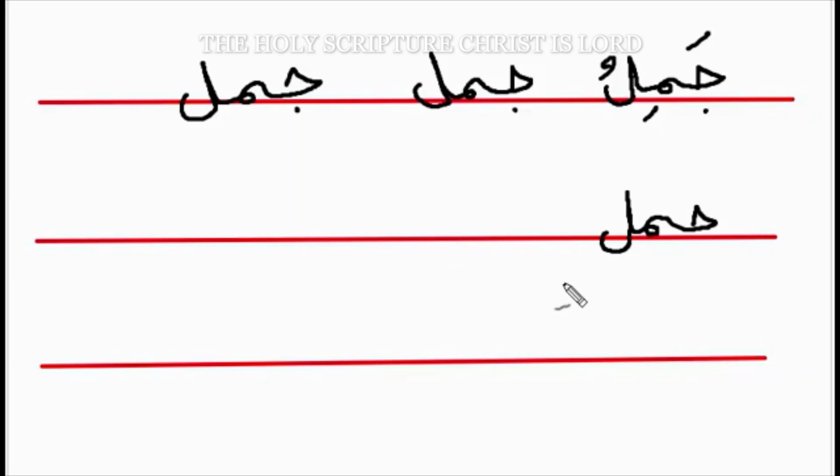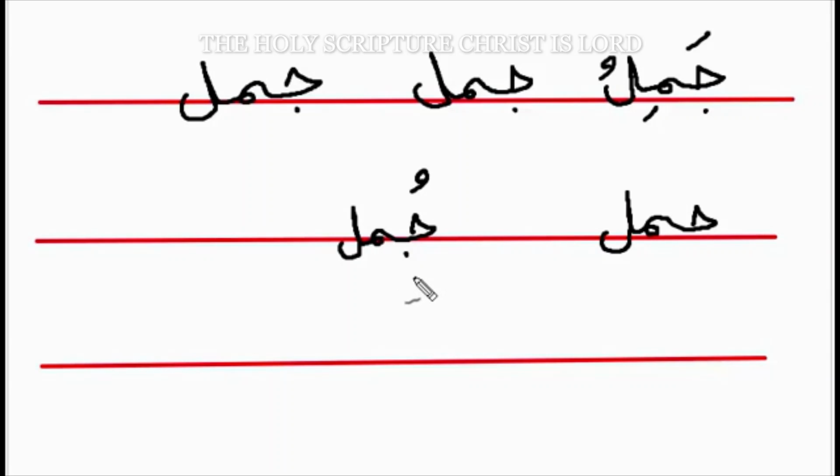Sometimes you might get confused, saying, well, it's the same word you told me. It is Jamal, as an example. Jamal is a camel. If I add dhamma on top of it, that will make it Jumal. Jumal is sentences. You see the difference?